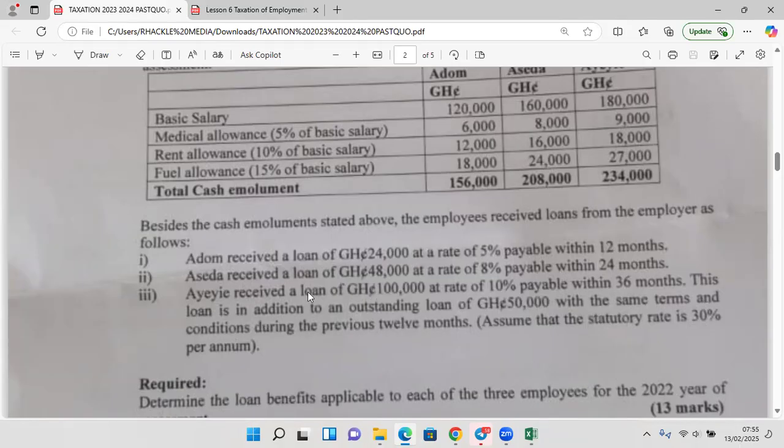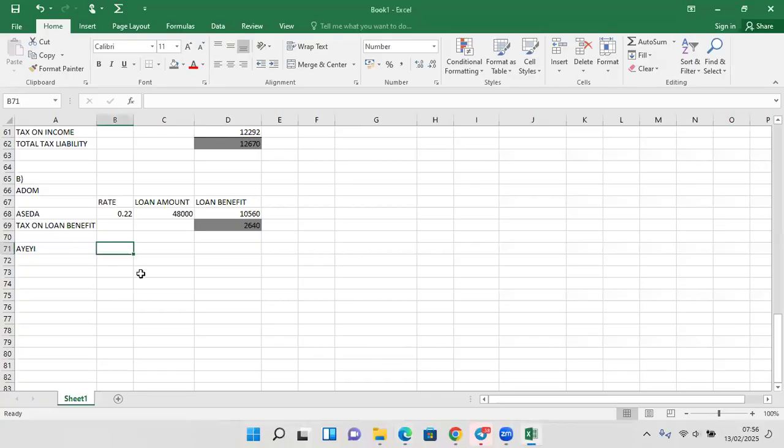Also, when you add it, it will exceed his 3-month basic salary. So 150,000 will be greater than the 3 months, which will be 180,000 times 3/12. Which means that we are going to tax this loan. So there's a loan benefit here.